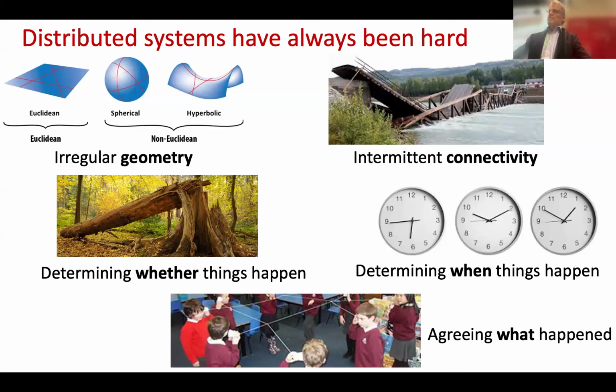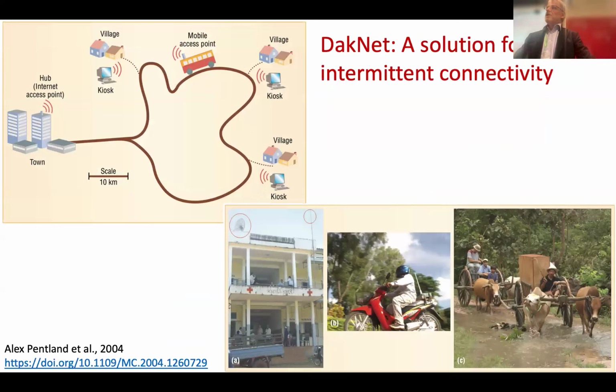So these are traditional, well-known problems in distributed computing that date back to the very first days of computer networks. And they still are, to an extent, a significant problem, although I'm going to explain that we have new ways of overcoming them today. But just for fun, it's fun to look at some of the things that people have done to overcome these problems. This is something that I don't know if it still exists, but when I first heard of it 20 years ago, I thought it was wonderful.